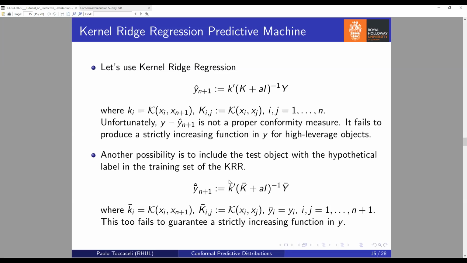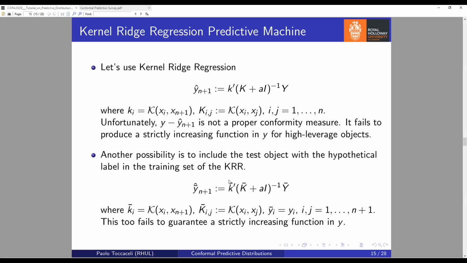As a regression algorithm, we use kernel ridge regression, which is a nice method to use because it has two interesting features, so to say. One is the fact that it's a regularized method, so it allows us to get the right trade-off between bias and variance, or between overfitting and underfitting. The other is that it's a nonlinear method, so it can accommodate nonlinearity in the data, and it does so by using kernels.